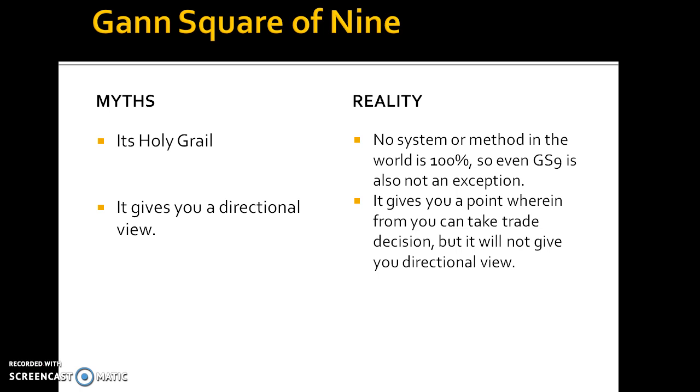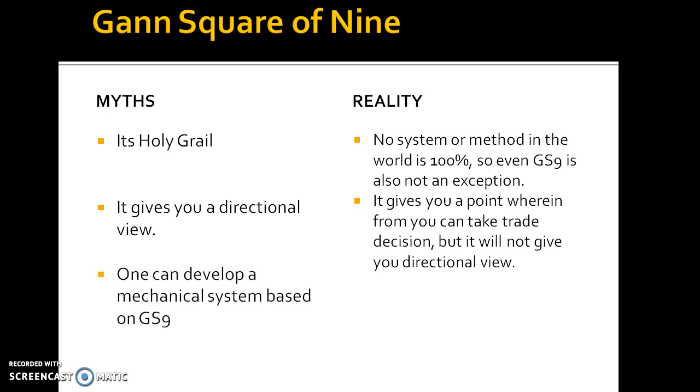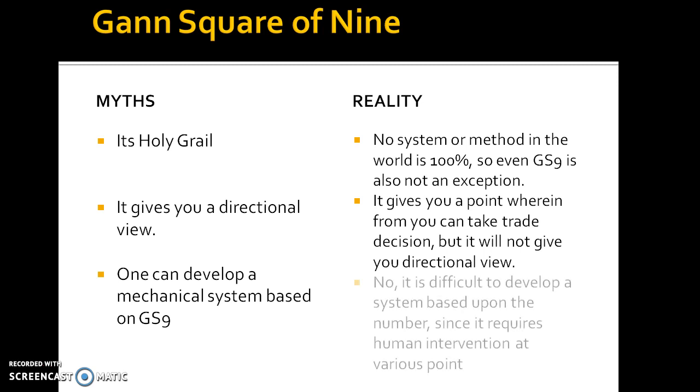When it comes to adding prudent judgment, it may differ from person to person. So it is difficult to even backtest it to see the accuracy, right? So friends, one thing is very clear: if I am trading Gann Square of 9, I may trade with a different perspective, and you may trade with a different perspective. So it depends on the individual.